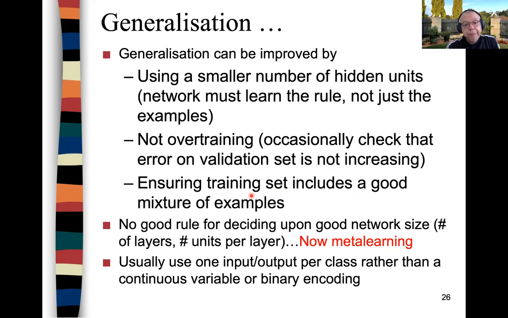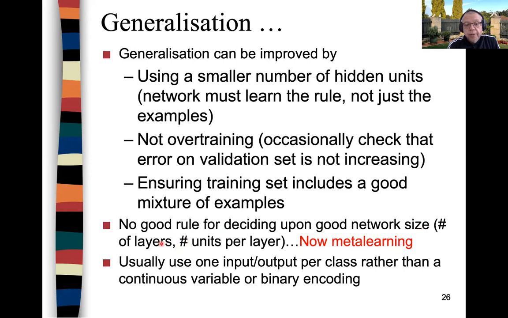And if you have a class imbalance, for example, where for a certain class you don't have lots of data, there are ways on how to solve the problem. There is no good rule for deciding upon good network size.